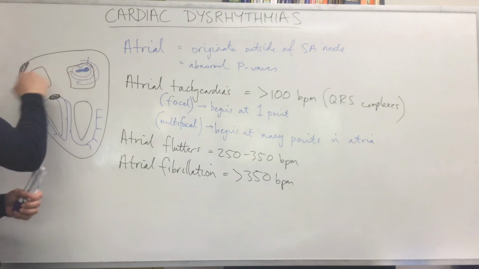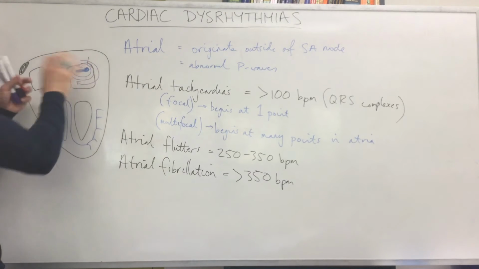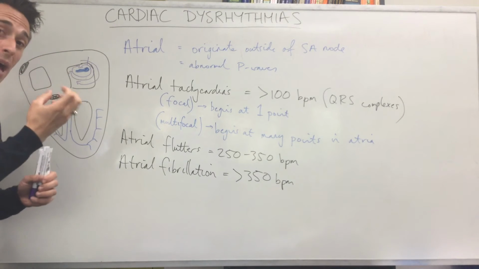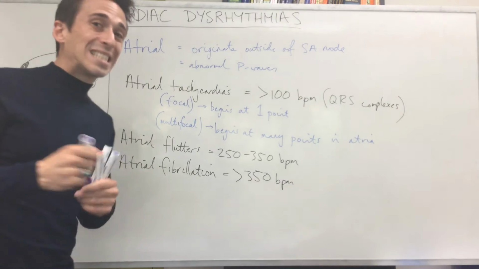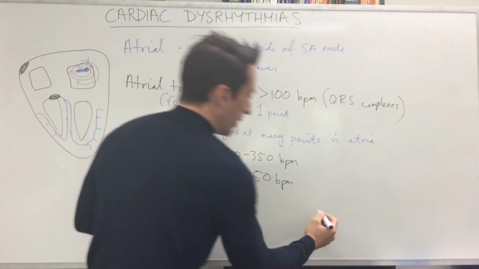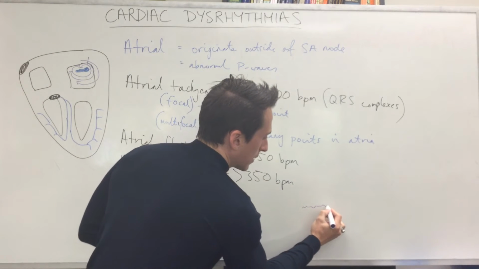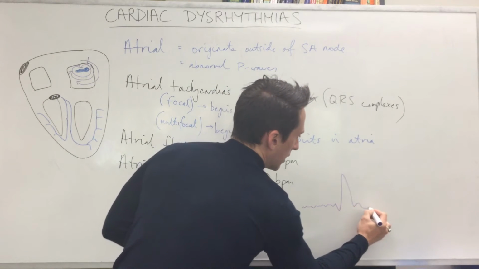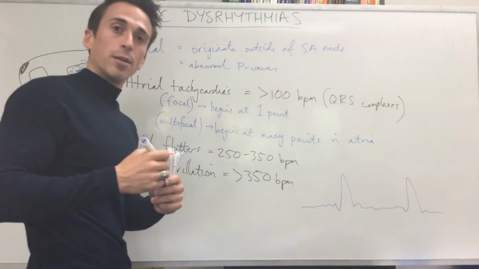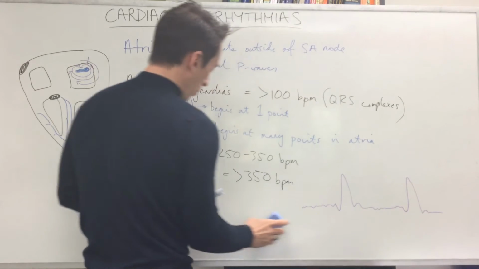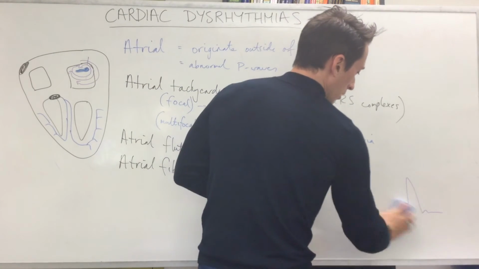So it's reentry happening at different parts of the heart. That's why it's contracting so much. And it looks like a bag of worms, really. And when you look at the ECG, you don't really see much in regards to where the P wave should be. You see this chaotic mess, and then a QRS complex, and then again a chaotic mess, and then a QRS complex. Okay? So that's what we see for atrial fibrillation.